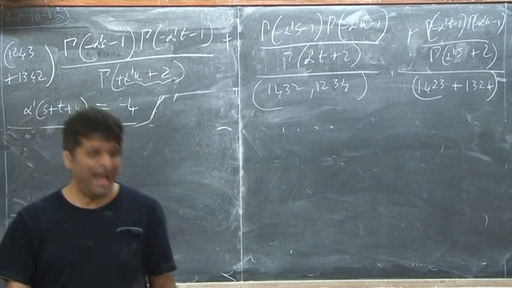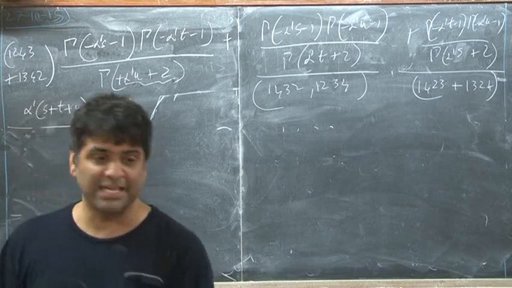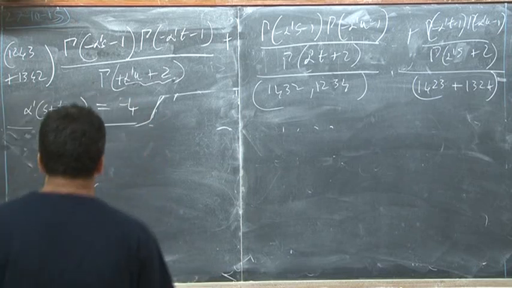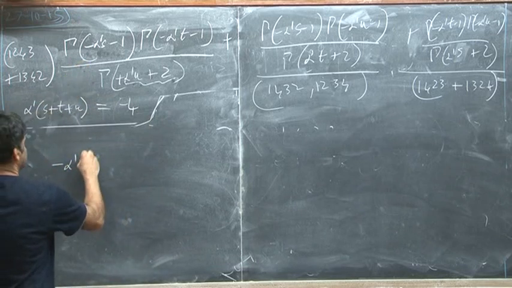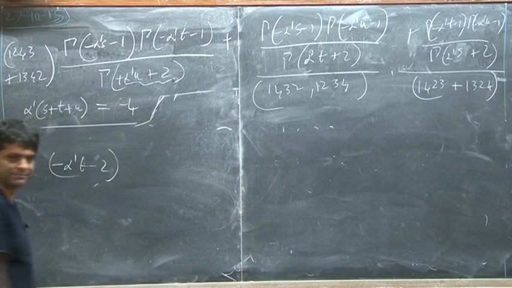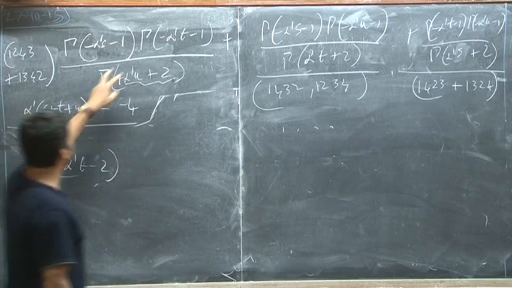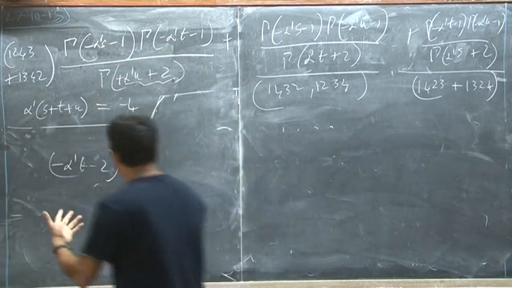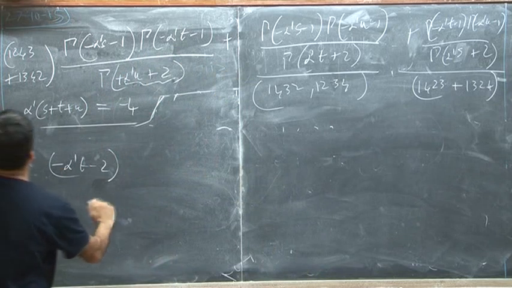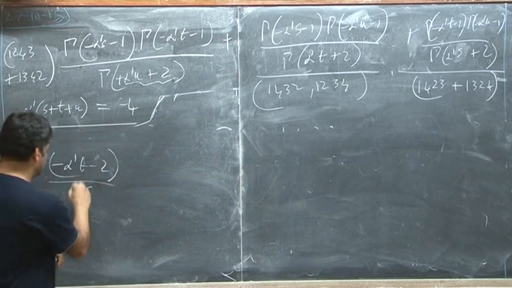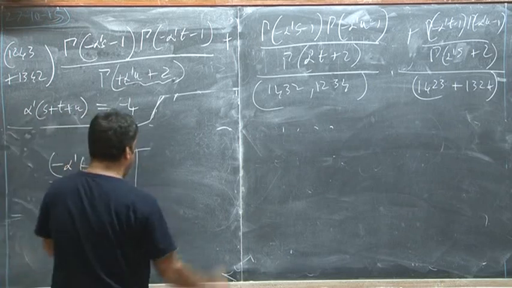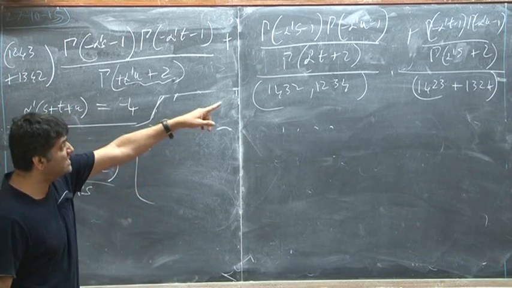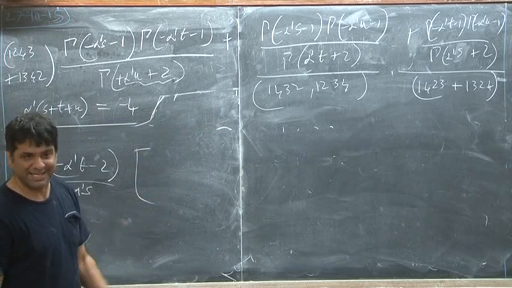Fine. Now, how does it work with the gate? We already saw that this diagram gave a factor of minus alpha prime t minus 2, times some overall sign which we're not caring about, times the pole in s. And then we got the same factor from that guy, but with the minus sign.